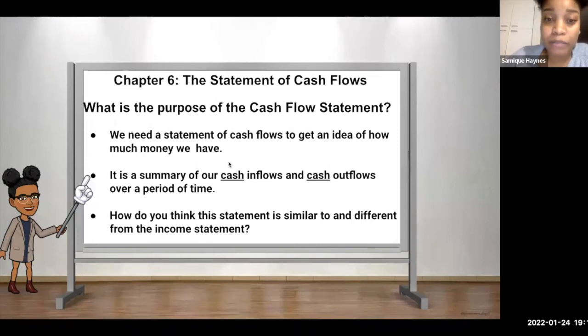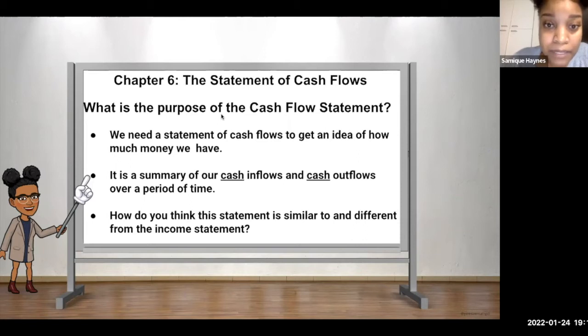And I like that you brought up revenues and expenses, because now we all get to see that revenues and expenses are for the income statement, and cash coming into the business and cash going out of the business is what we're going to be considering in a cash flow statement.